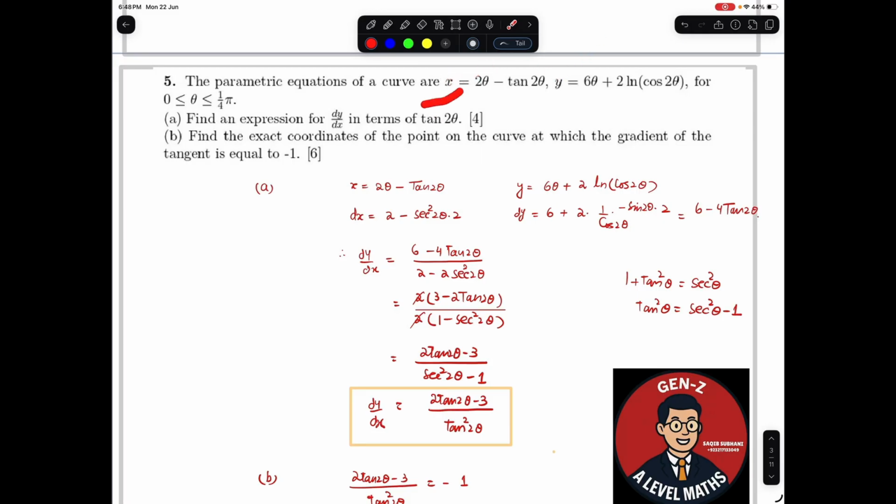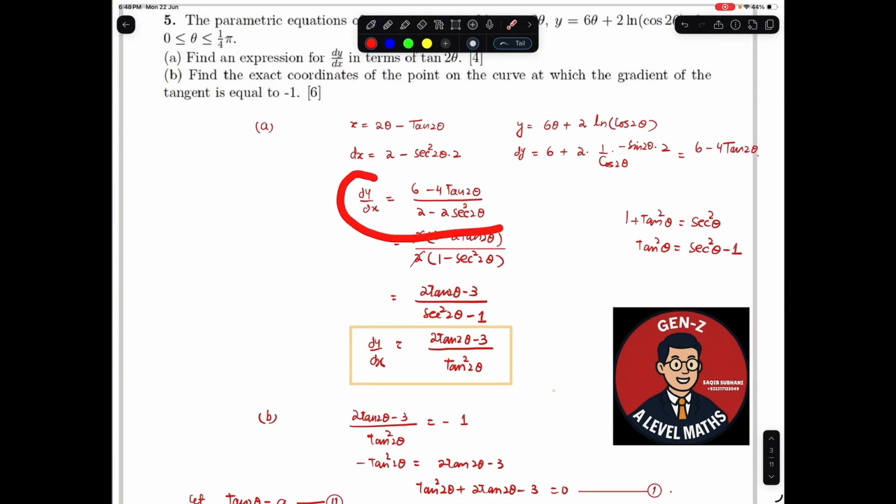So you will get dx by d theta over here and dy by d theta over here, and then you will combine them to get dy by dx. You will take 2 as common from the denominator, and you will get 1 minus secant square 2 theta. We do not have 1 minus secant square 2 theta, but we have secant square 2 theta minus 1, so you put a minus with this.